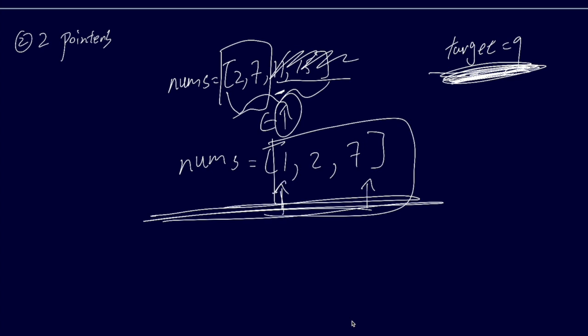So if the element at the first pointer plus the element at the second pointer is greater than the target value, then we must move the second pointer to the left, right? Because we're seeking a lower number that adds up to 9.